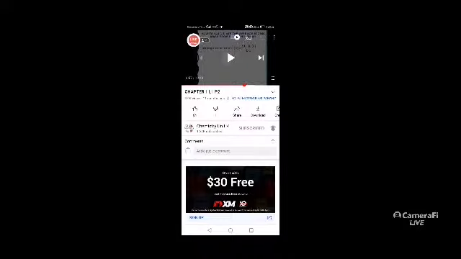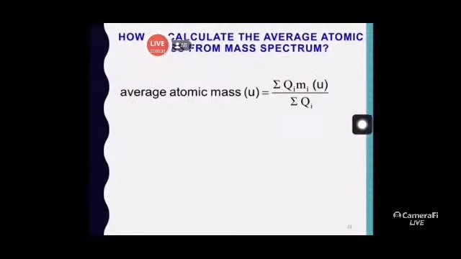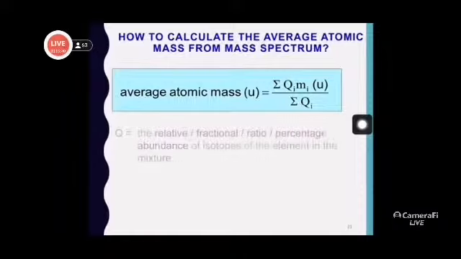Okay. Average atomic mass from a mass spectrum. So the formula to calculate average atomic mass is given as below: sum of QiMi over sum of Qi. So what is Q? What is M?